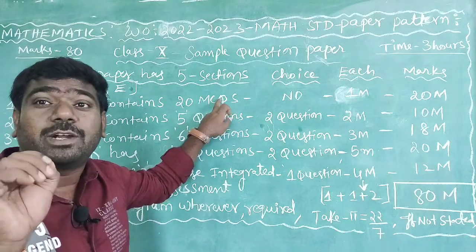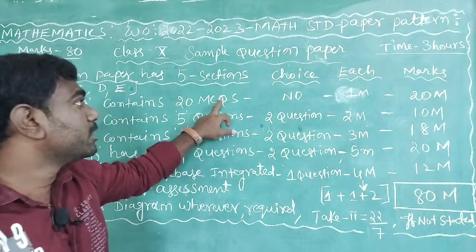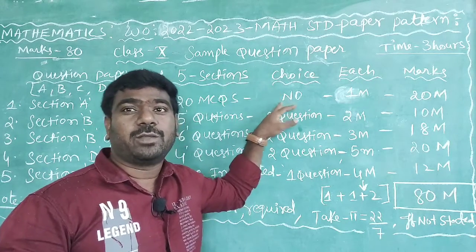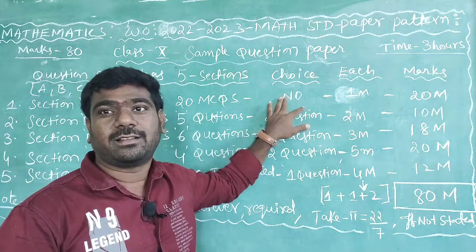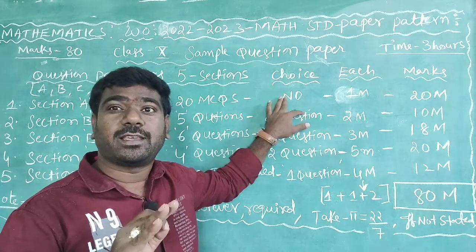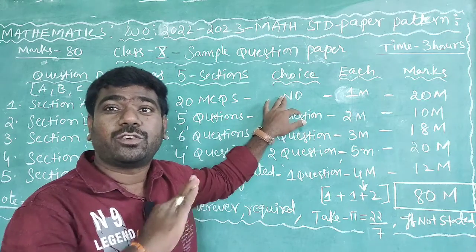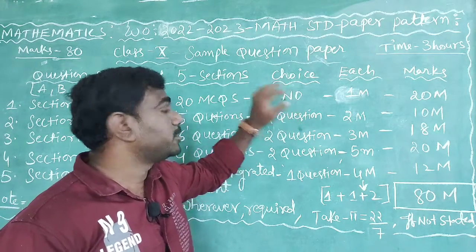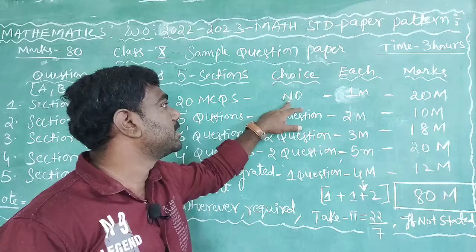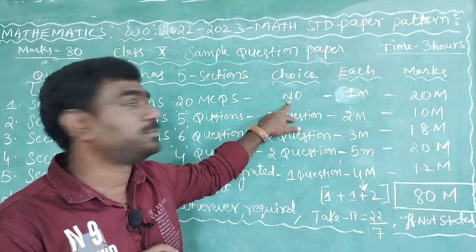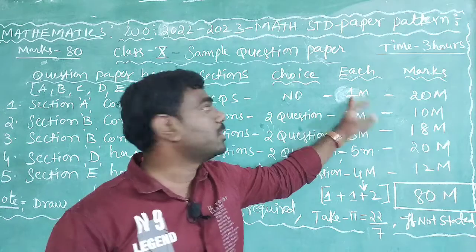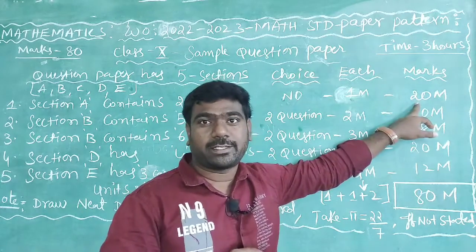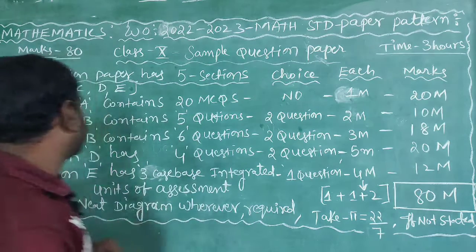Remember, these 20 multiple choice questions you should all write. There is no choice. Remember this word, there is no choice. Each question carries 1 mark, total 20 marks. So this is about the first section.